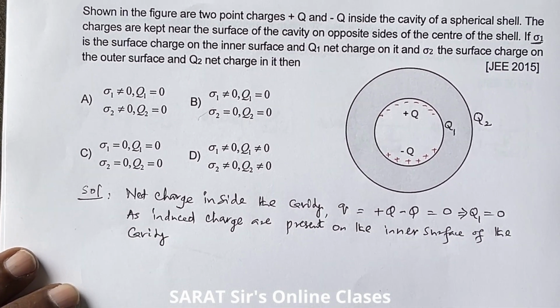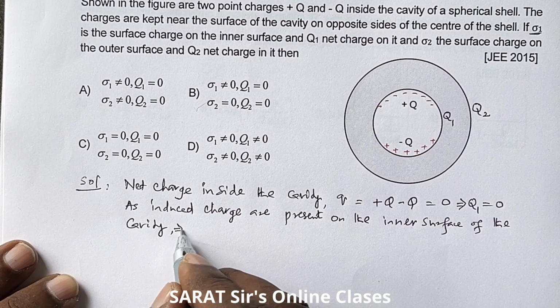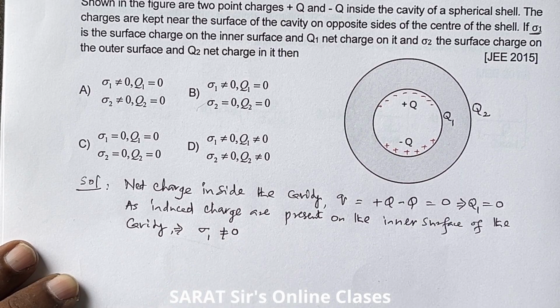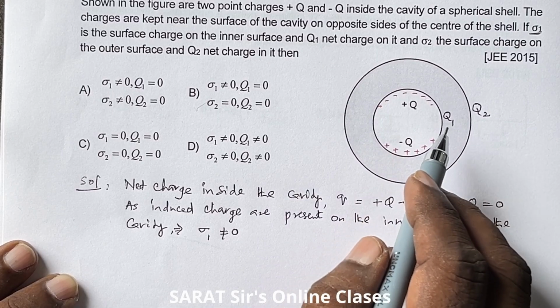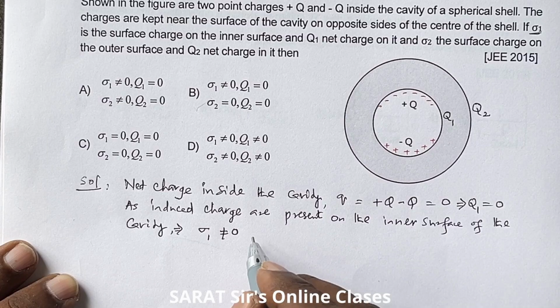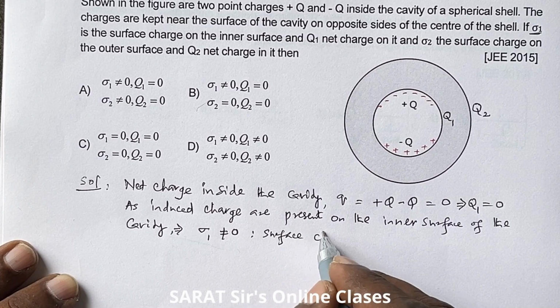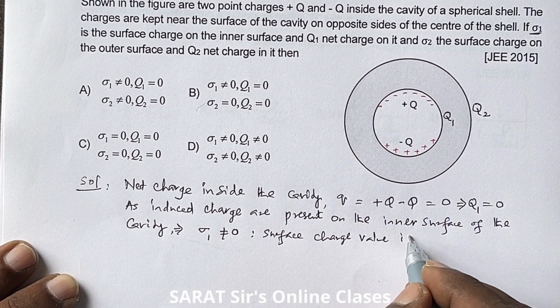What happens? The surface charge density is not equal to 0, and the surface charge density is not uniform, it is varying.